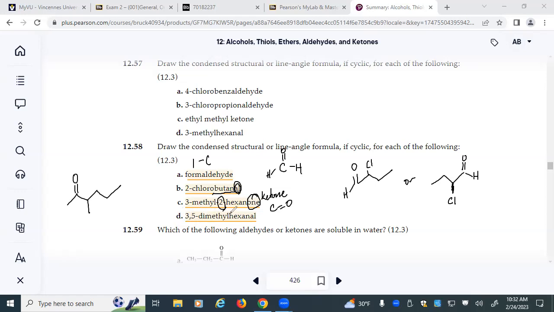The last one here, 3,5-dimethylhexanal. Okay, I'm dealing with a hexa, which again means 6. But this time I'm dealing with an aldehyde. So I have a 6-carbon aldehyde. 2, 3, 4, 5, 6. Again, it's an aldehyde. I'm going to draw the aldehyde group on the end here. I just have to remind myself that this is carbon 1.